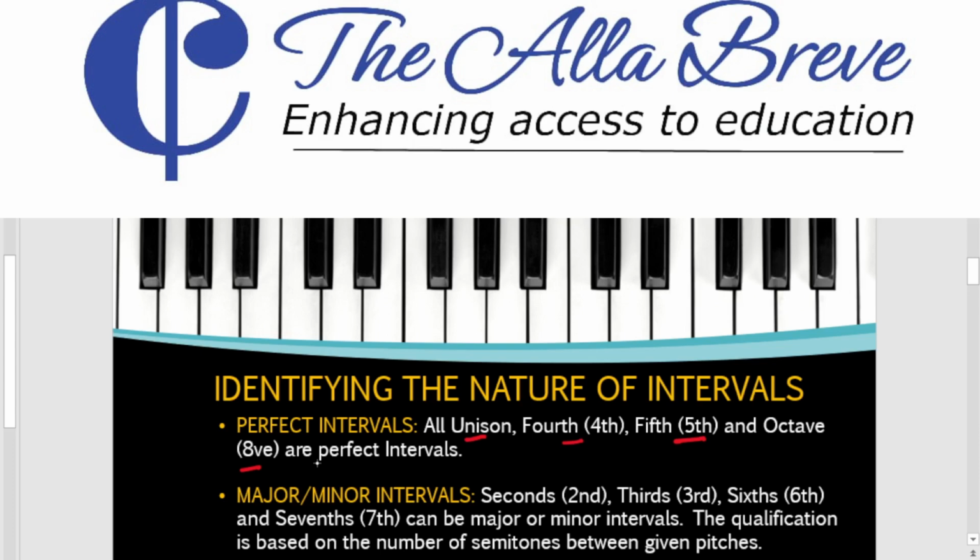So all unison, fourth, fifth, and octave are perfect intervals. It simply means unison, fourth, fifth, and octave do not have majors or minors for your level. They do not have majors or minors. They're just called perfect intervals. Unison, fourth, fifth, and octave.